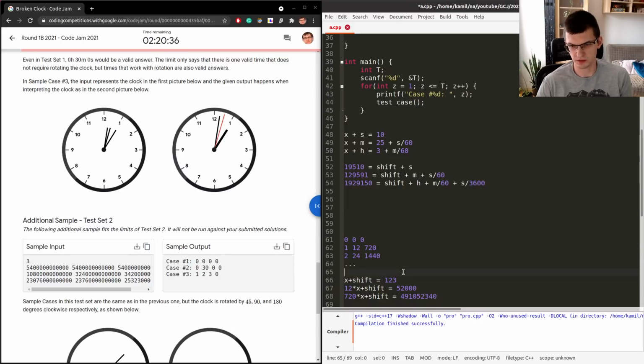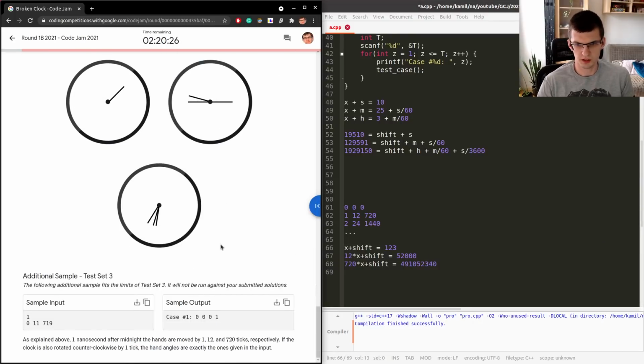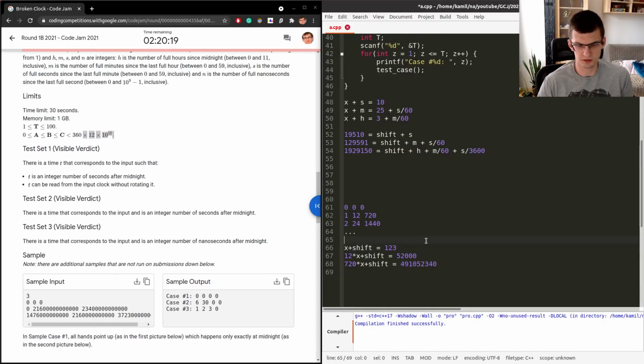X is a huge value. Alright, but from this I will know what 11 times x is. Now, modulo what? This is the number of ticks, so this is all modulo this, I think. So every equation here is modulo m.